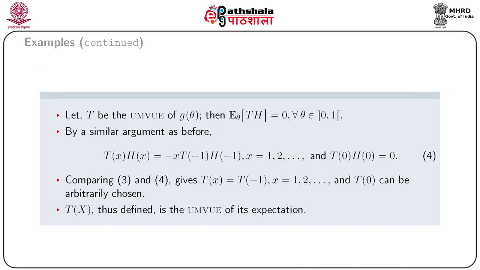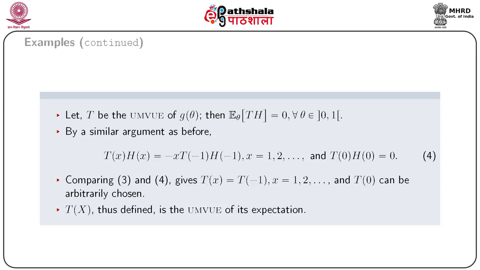Hence, by a similar argument as before, we get T(x)h(x) = -T(x-1)h(x-1) for x = 1 up to infinity, and T(0)h(0) = 0.